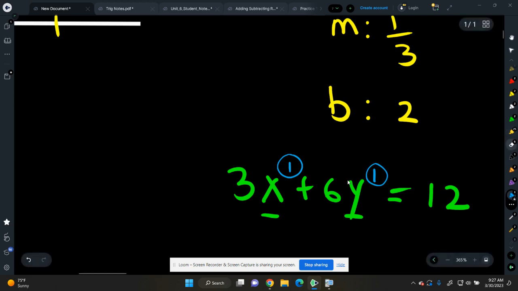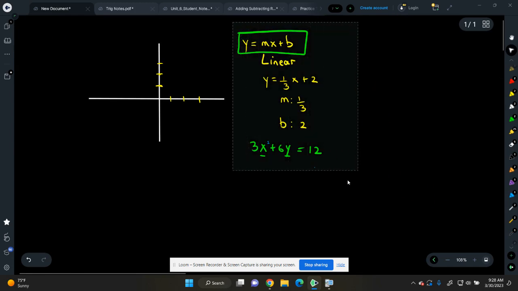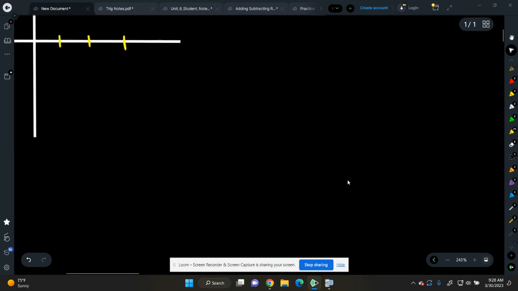Today, we're going to look at equations where this exponent for the x is a 2. So what we're going to look at today is graphing quadratic equations. We have been working with linear equations literally for years.